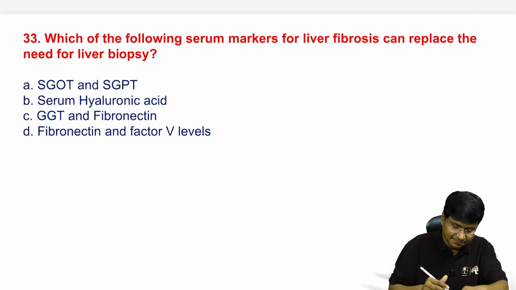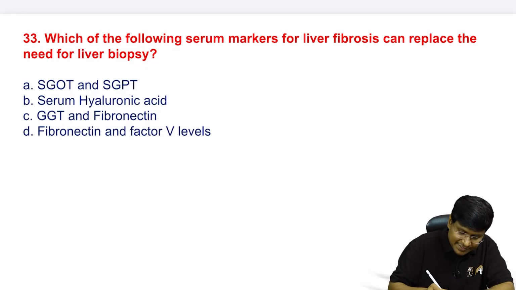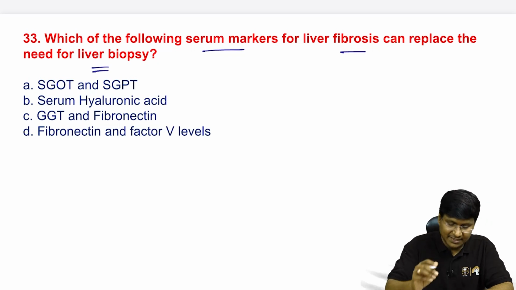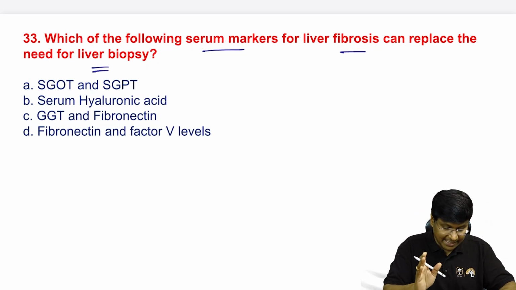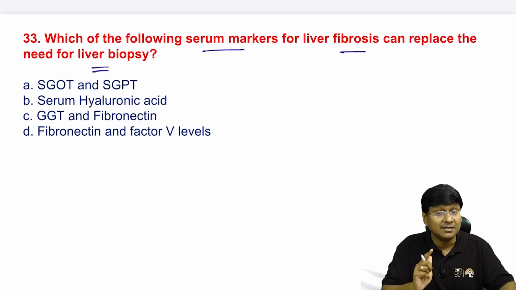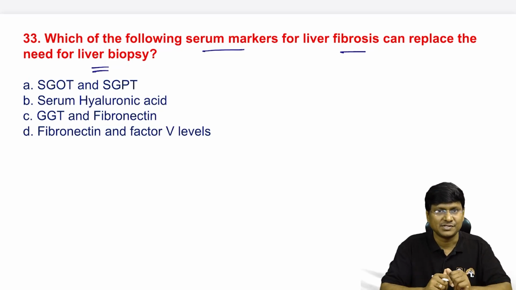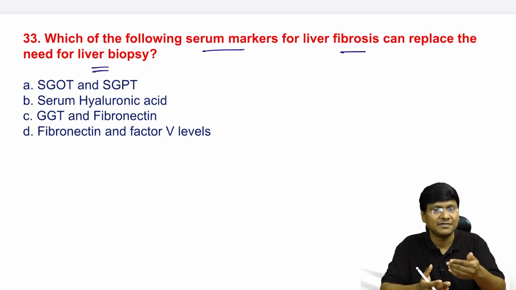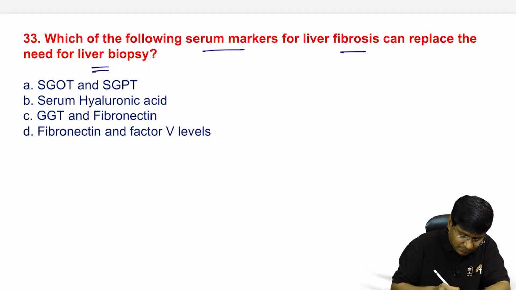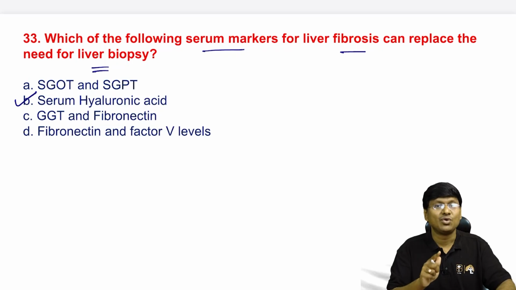Next question. Which of the following serum markers for liver fibrosis can replace the need for liver biopsy? The options are SGOT, SGPT, serum hyaluronic acid, GGT, and fibronectin and factor V levels. Liver biopsy is an invasive process, and a non-invasive method of estimating liver fibrosis is the serum hyaluronic acid.